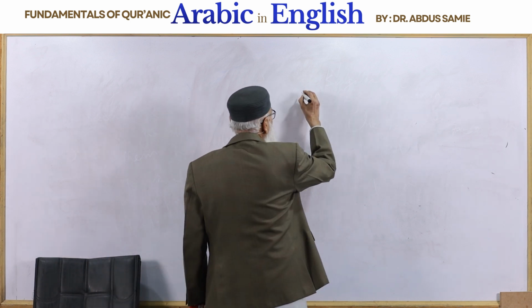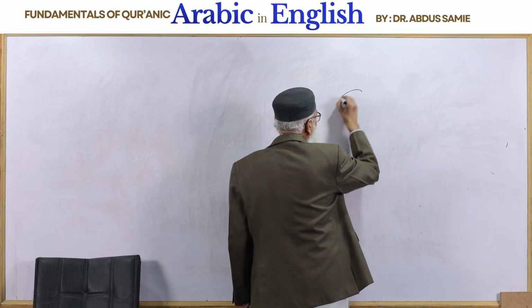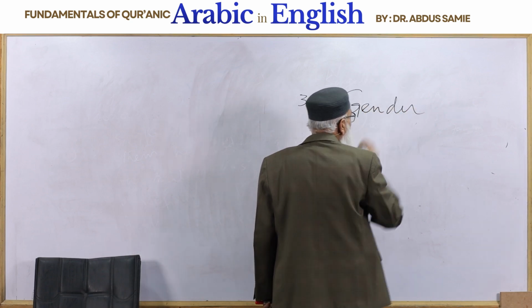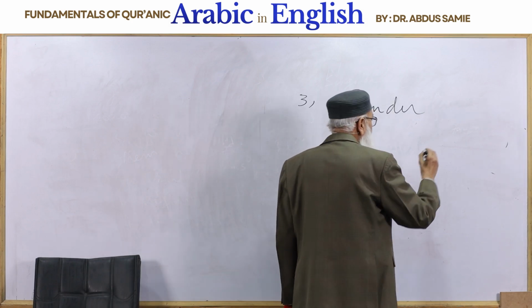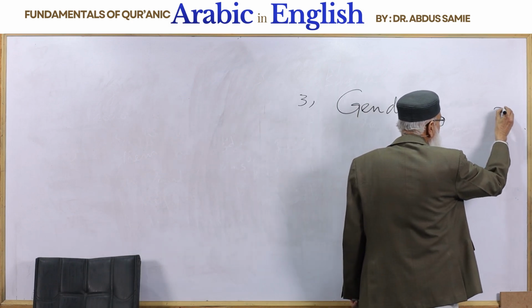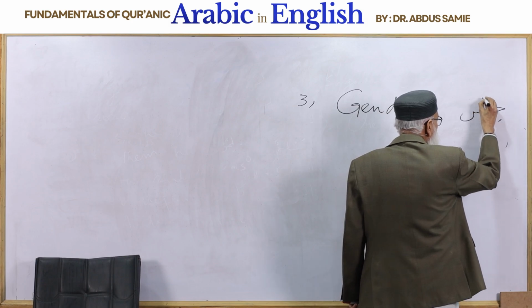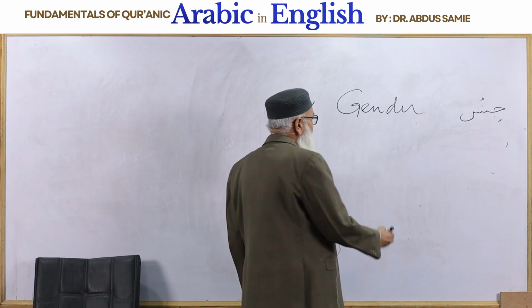So our number 3 is gender. In Arabic it is called jins. Two only.